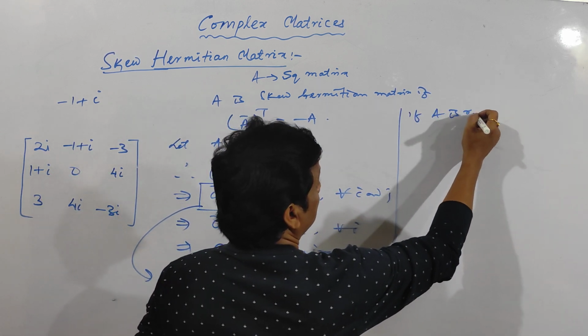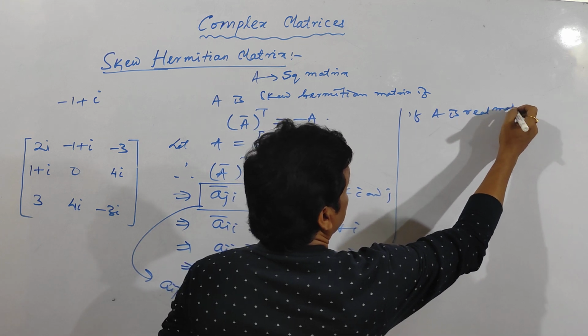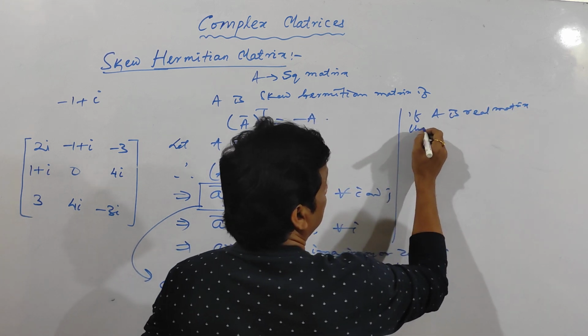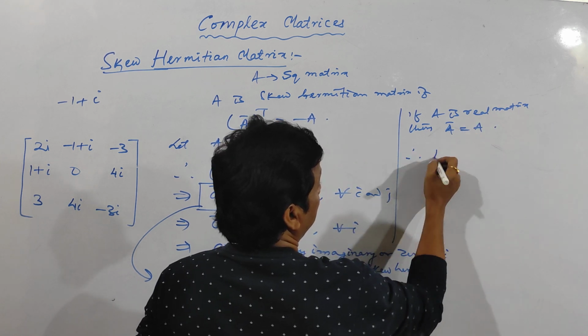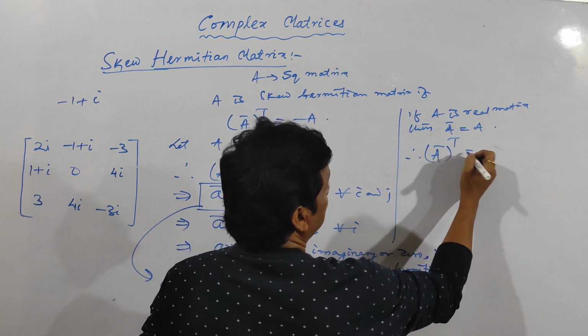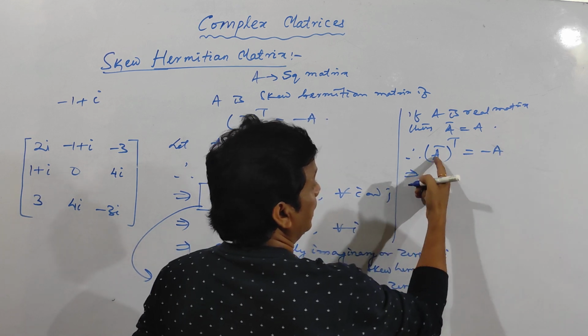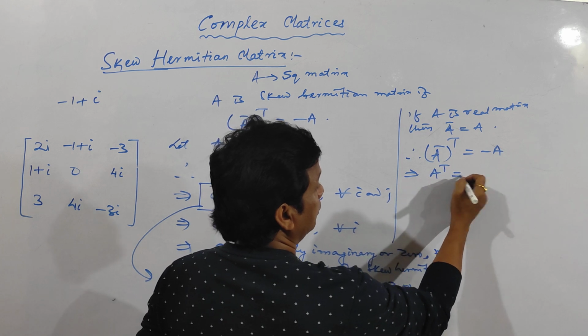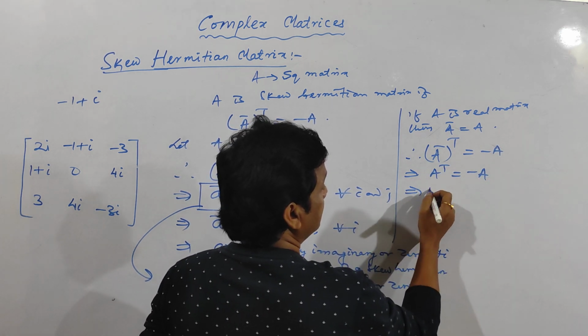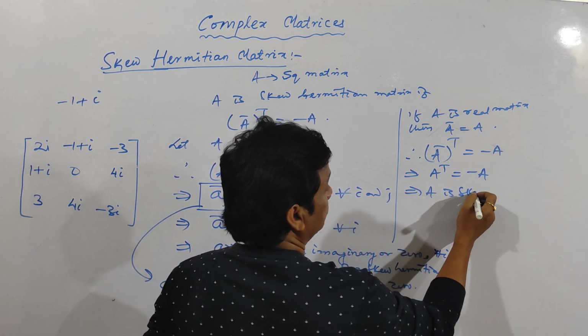So now, if A is a real matrix, then A bar is equal to A. So therefore, A bar transpose equal to minus A implies, with A bar equal to A, that A transpose equal to minus A, and this implies A is skew symmetric.